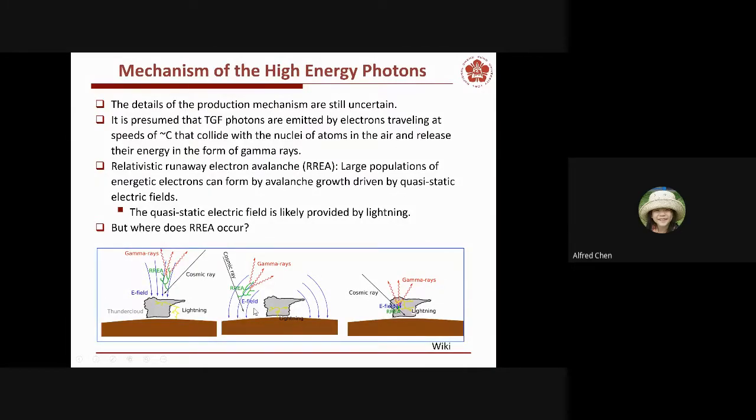The other possibility is that this electric field is around the thunderstorm, so the gamma ray will be triggered not above or inside the cloud, but very near to the cloud. And the third one is that the gamma ray will be triggered inside the cloud. So these are the three possibilities we are discussing for the source of these high energy photons.